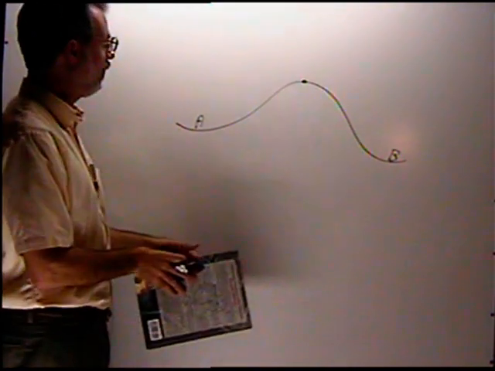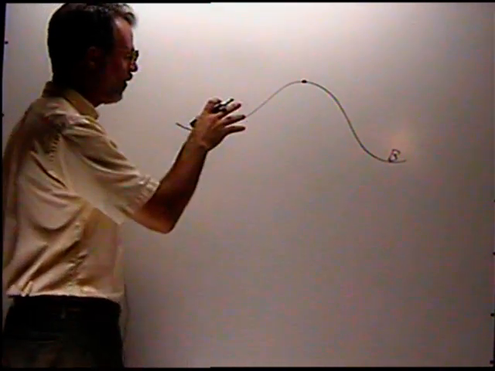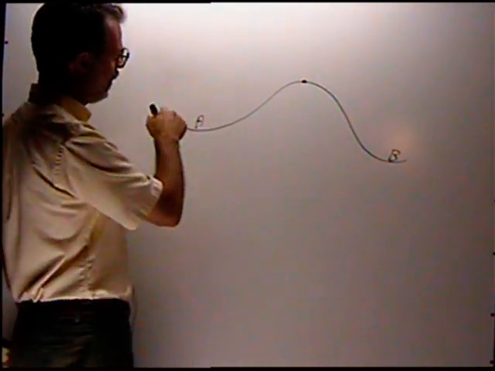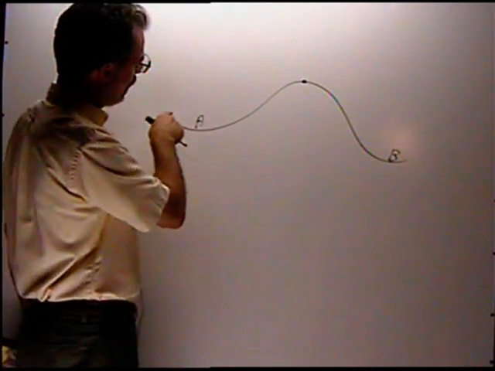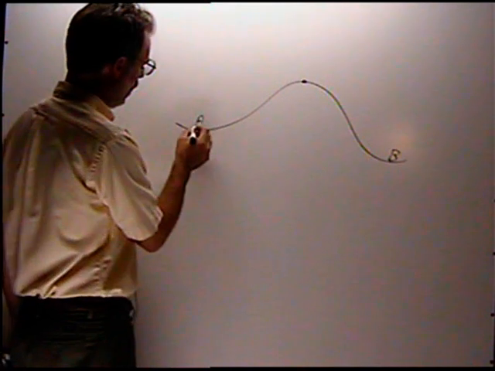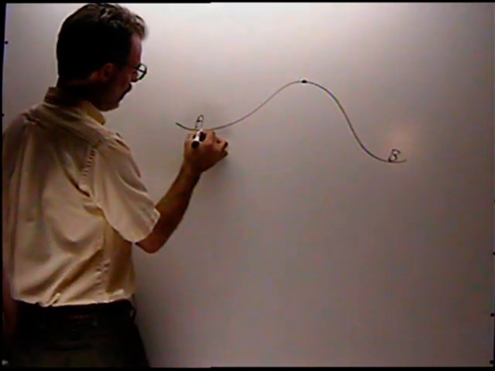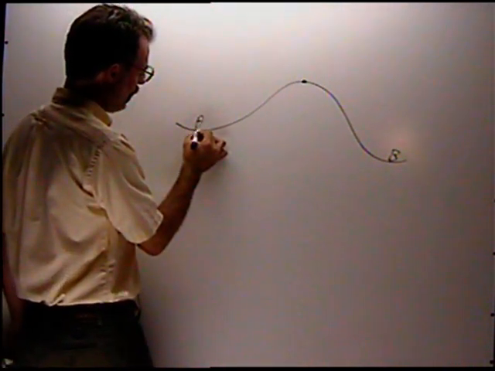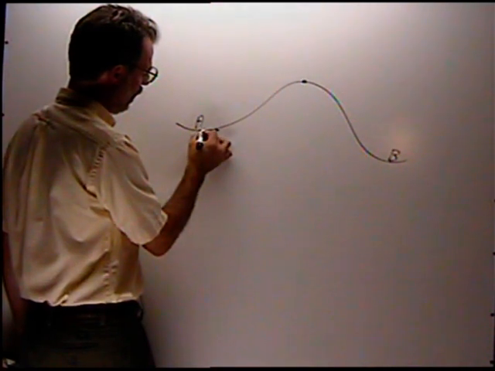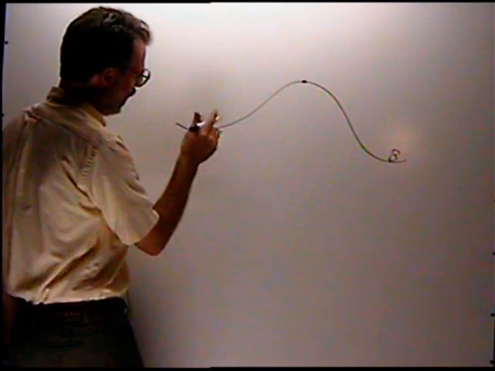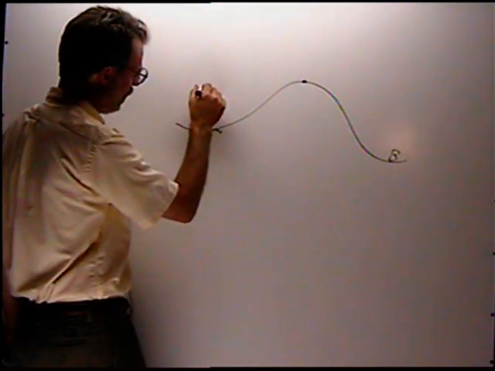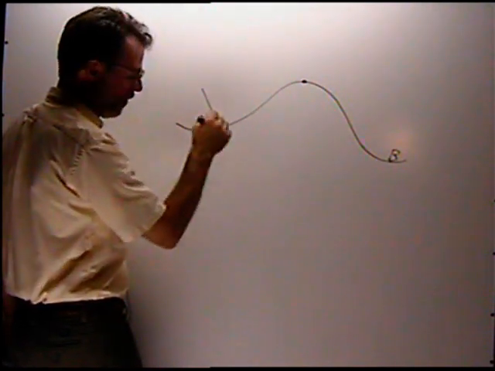First of all, let's assume we're looking down on this like it's a road, and we're looking down on the object as it's traveling along here. At this point, the object's traveling this direction, and that will be the velocity. But notice it's curving, with a particular radius of curvature through this little arc.